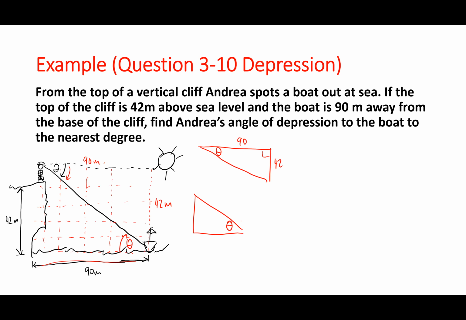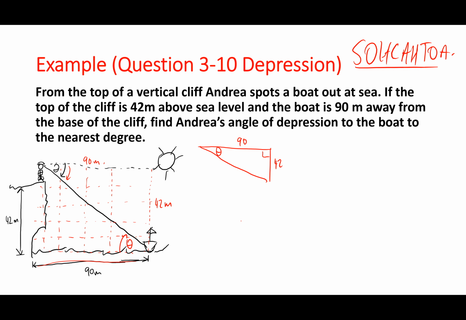So this is what our triangle would look like. You can use either one of these, and they both will give you the correct answer. So with that being said, let's rub out this bottom one, and we'll just use the top one for this example. Okay, so SOH CAH TOA is on the top of my page.